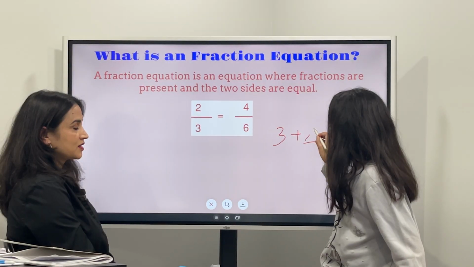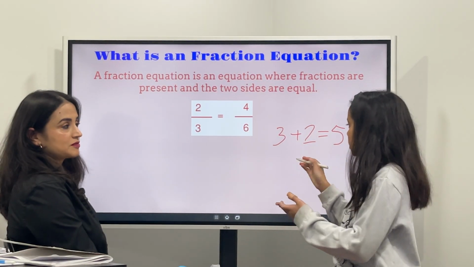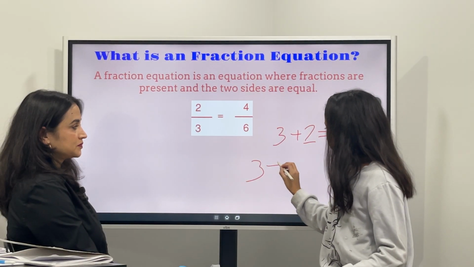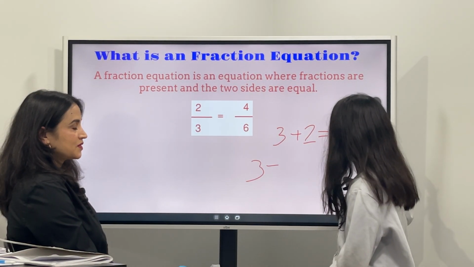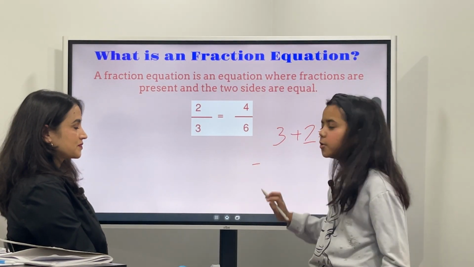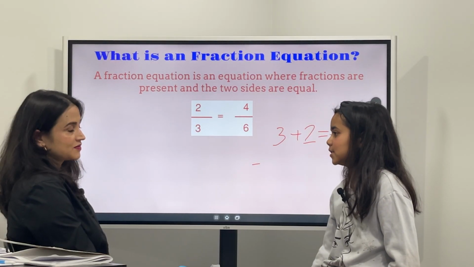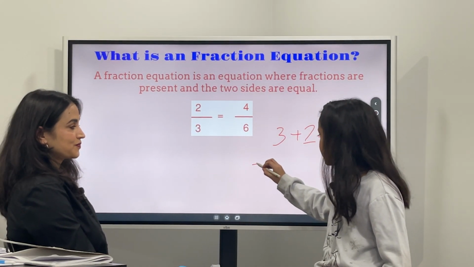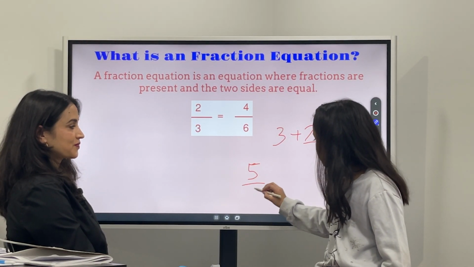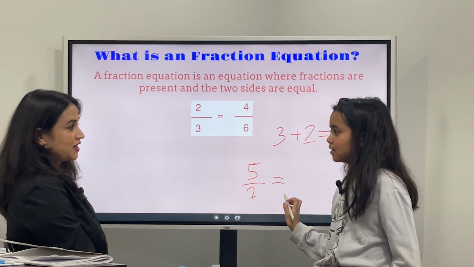Like if you wanted to multiply fractions, give me some fraction numbers. 5 by 2. Equal, give me another one. 8 by 5.